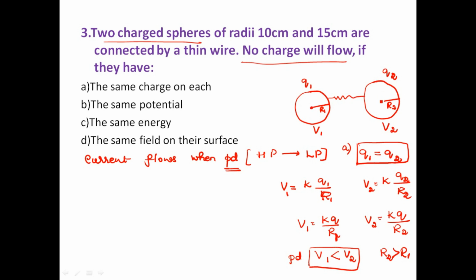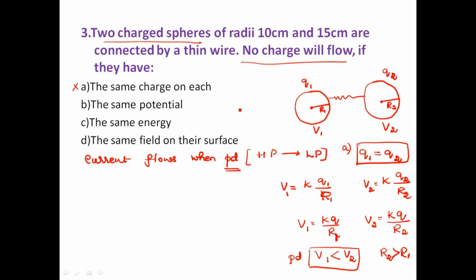Charges being the same will not make them stop flowing. Since there is a difference in potential, the charge from Q2 will now flow to Q1. That is why option A is the wrong one, not the correct option.